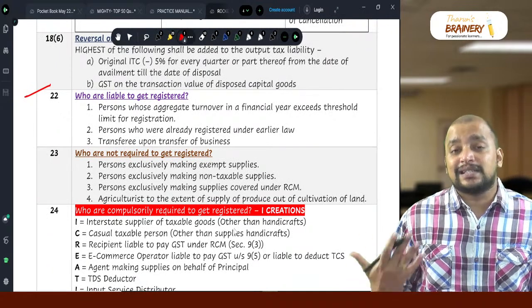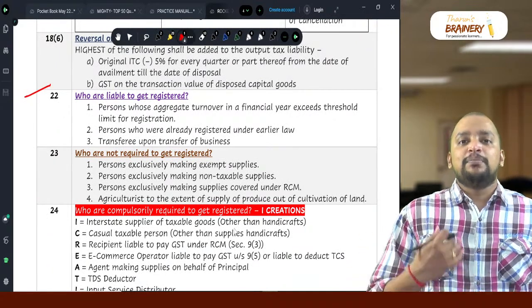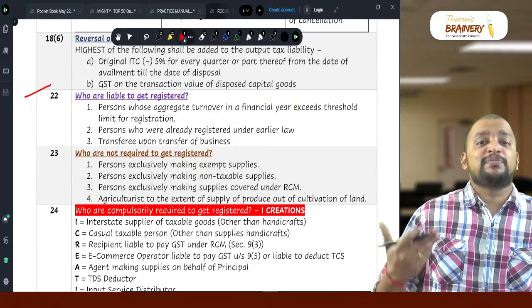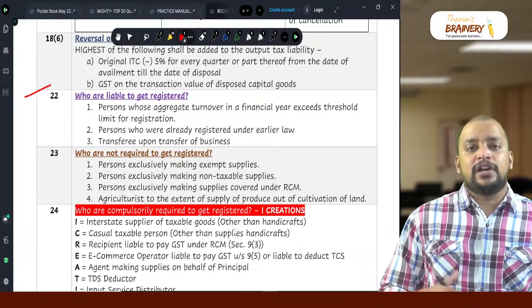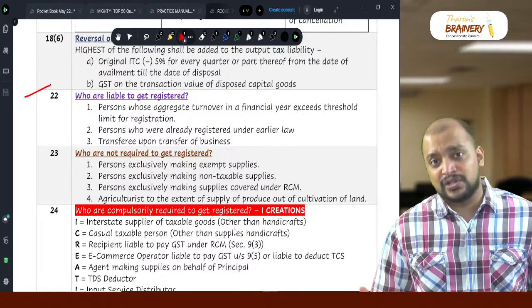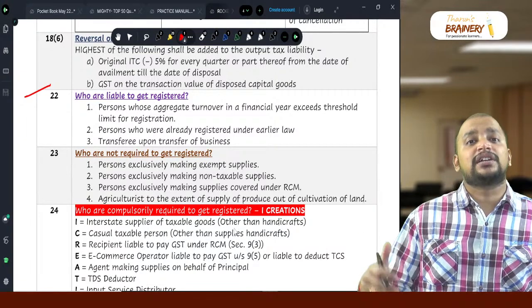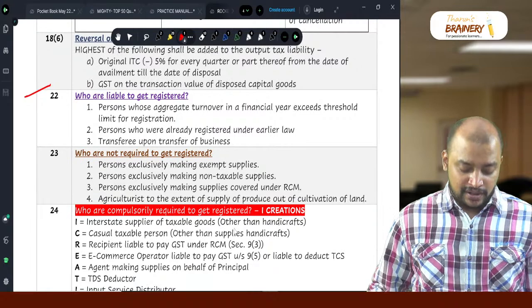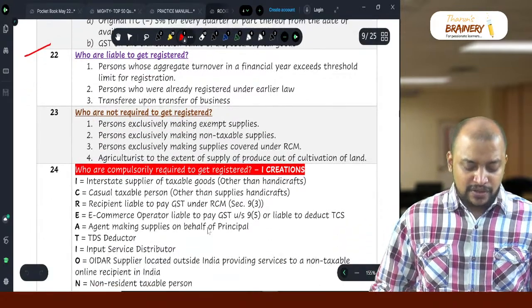For example, my turnover falls below the threshold limit, or I transfer the business but the transferee's turnover does not exceed the threshold limit, or already registered under earlier law, so registered under GST, but under GST the turnover does not exceed the threshold limit, so they can cancel their registration. Okay, that is with respect to section 22.